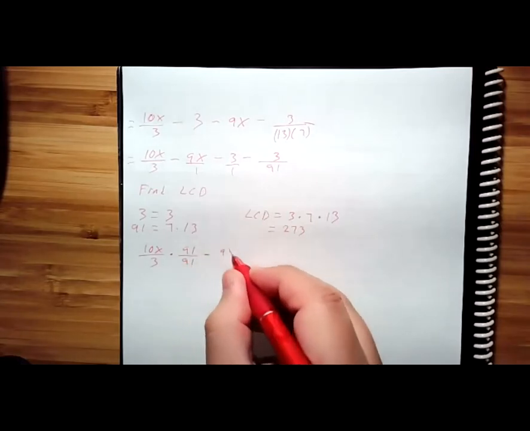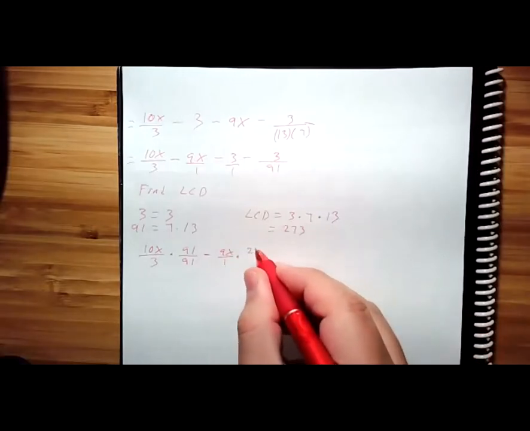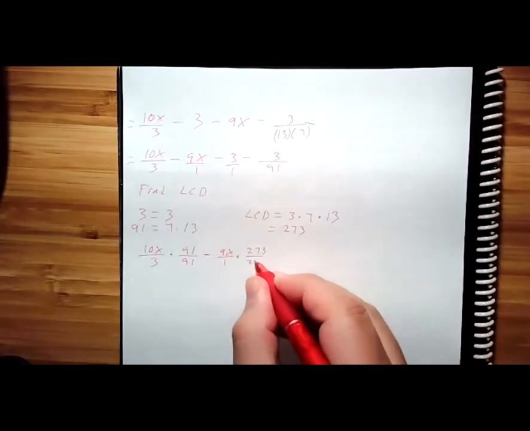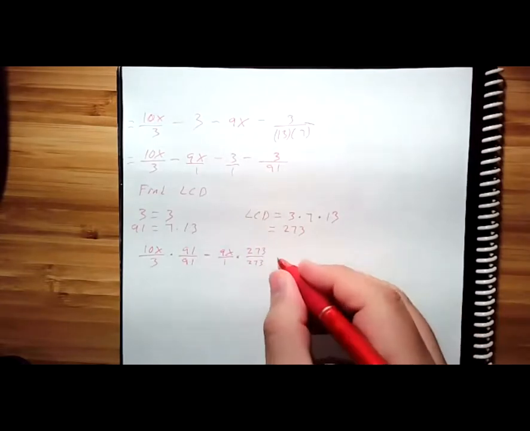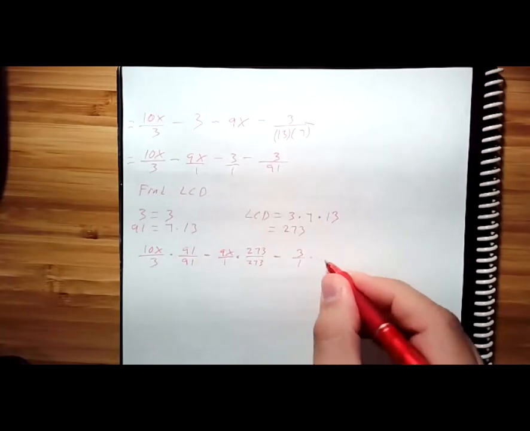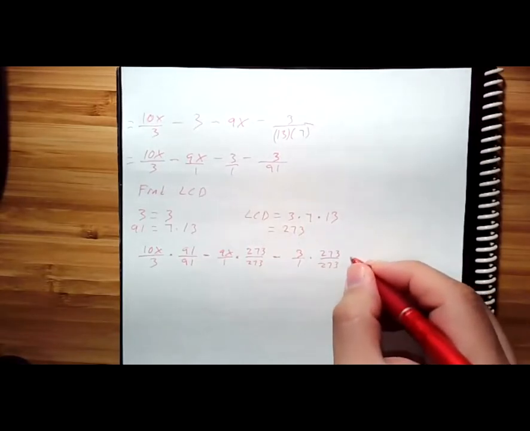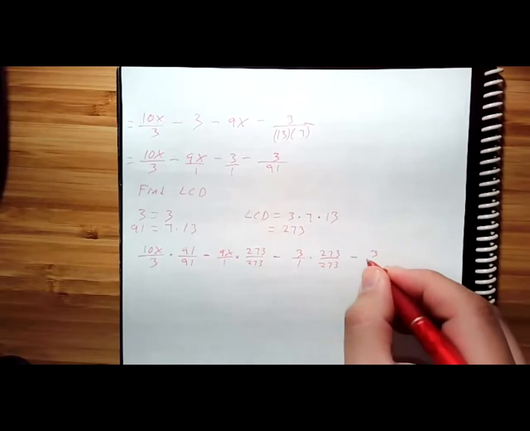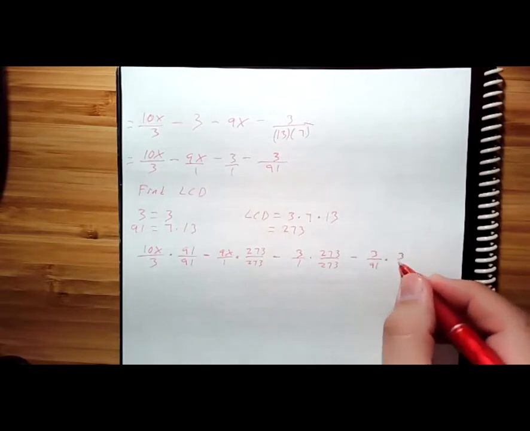Minus 9x over 1 multiplied by 273 over 273. That's horrible. Minus 3 over 1 times 273 over 273. Minus 3 over 91 times 91 is missing a 3, so there's 3 over 3.